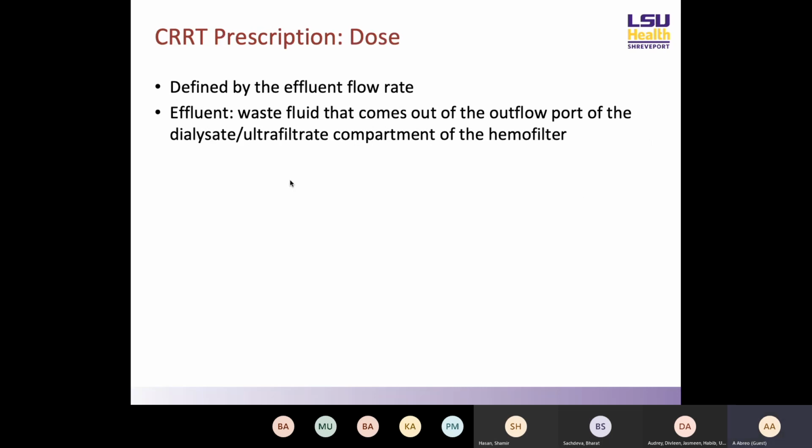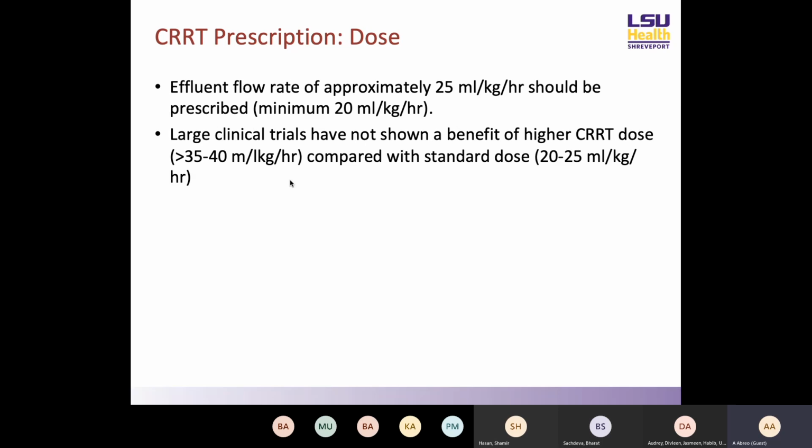And the dose is defined by the effluent flow rate. So the effluent is the waste fluid that comes out of the outflow port. And the minimum targeted dose based on trials is 20 milliliters per kilogram per hour. So usually you would want to write your prescription to achieve an effluent flow rate of approximately 25 milliliters per kilogram per hour.